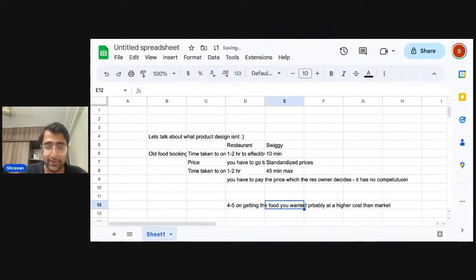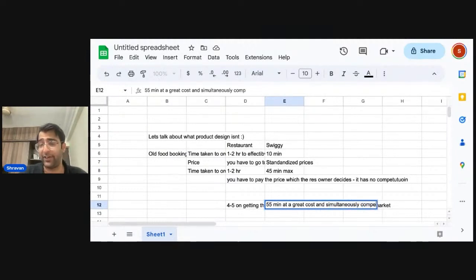On the contrary, Swiggy mein the same thing happened in 55 minutes at a great cost and simultaneously competitive discovery. Correct? On the very same thing that we just did right now, would you ever go back to the restaurant experience? Because the Swiggy experience is so much better, right? You would never go back.